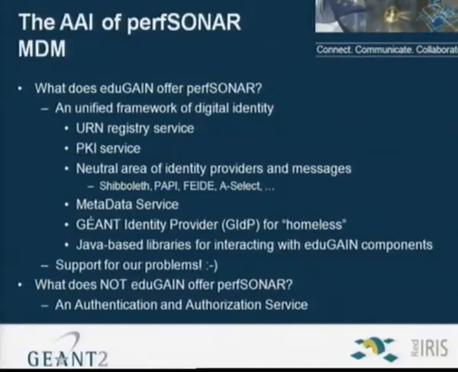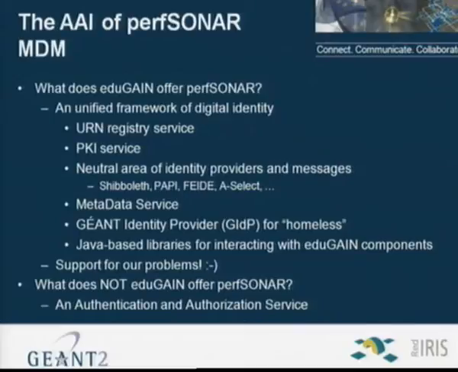I think it's better to speak the same language and not lose our time building a bridge between Shibboleth and PAPI, Shibboleth and SAML, etc.